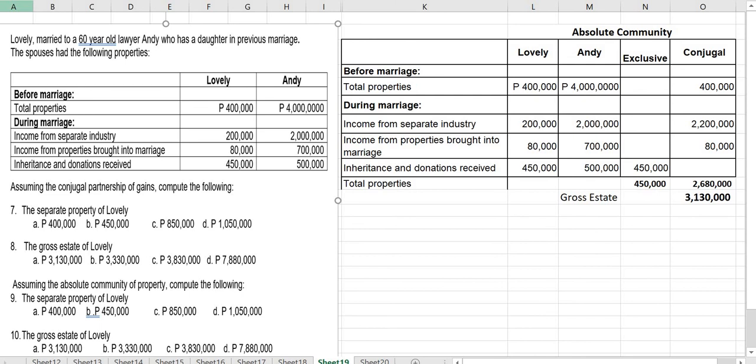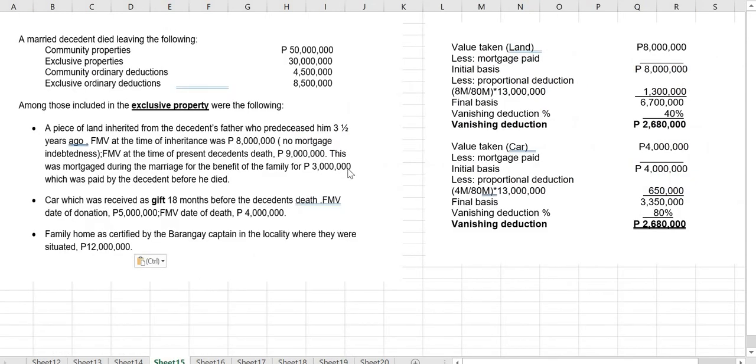Next illustration: the computation of estate tax due of a married resident citizen. A married resident left the following property: community property of 50 million, exclusive property of 30 million, community ordinary deductions of 5, and exclusive ordinary deductions of 8.5.